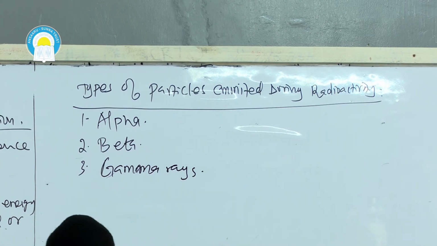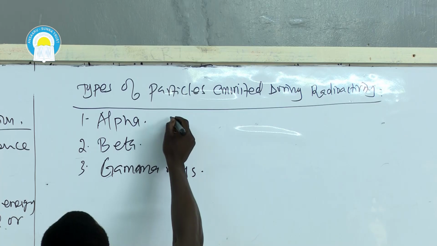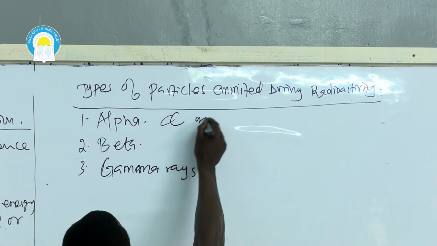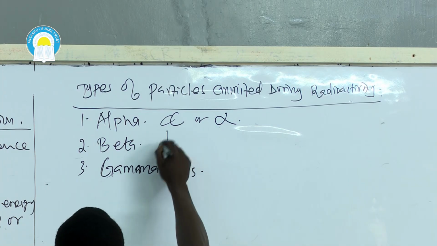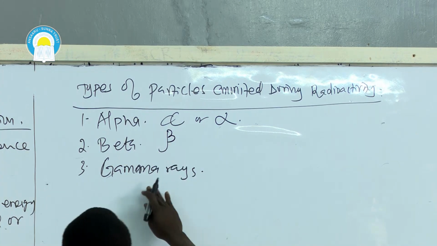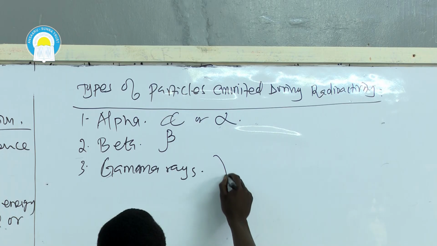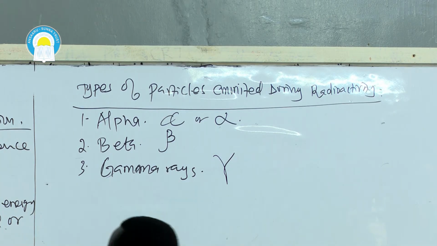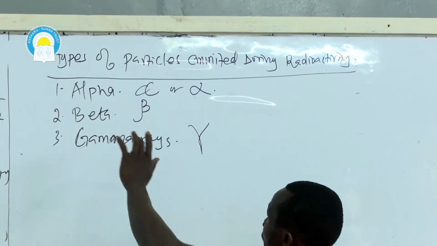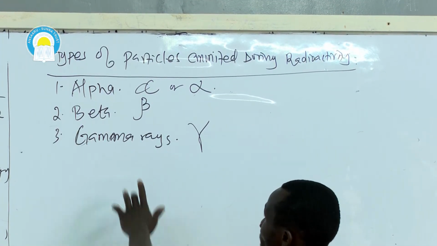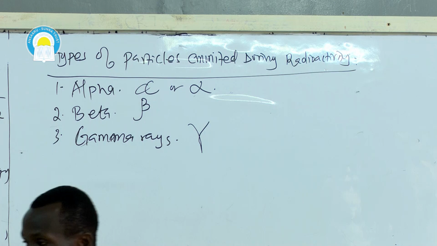So alpha particle is represented by this one there, and beta particle is represented by that. And we have the gamma rays which are represented by that. So that is the representation of an alpha particle, a beta particle, and the gamma rays.